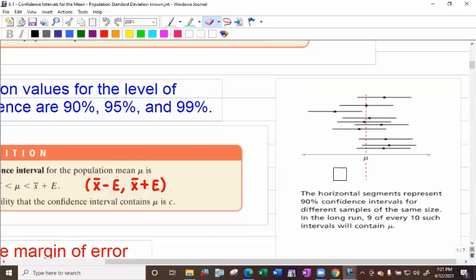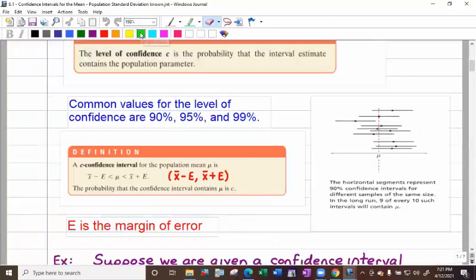You just happened to collect data that was skewed one way or the other, so it didn't overlap what the population mean really was. Going back to the height example, you might have collected data from a group of really, really tall people. That interval would have been to the right of the mean, and it could have missed the mean.